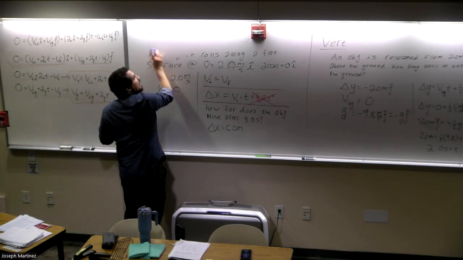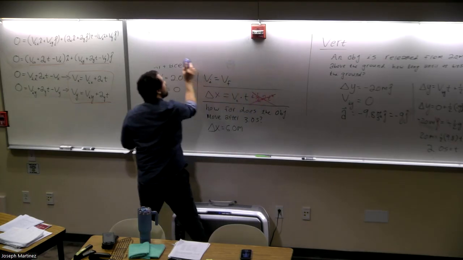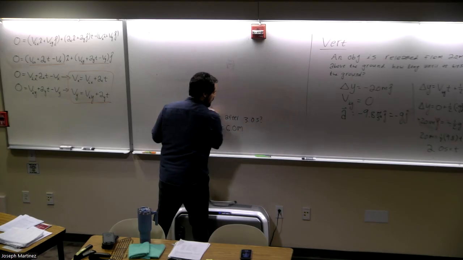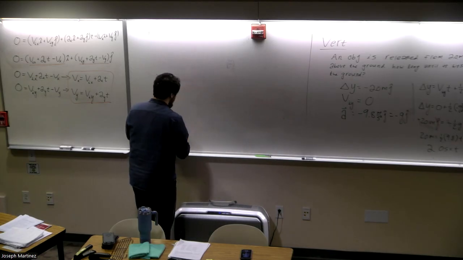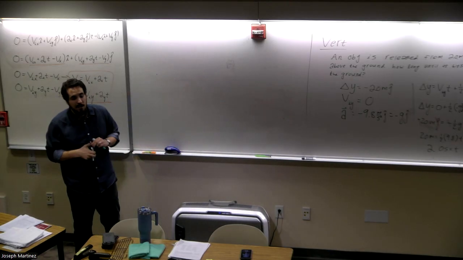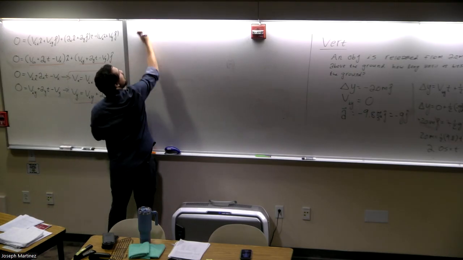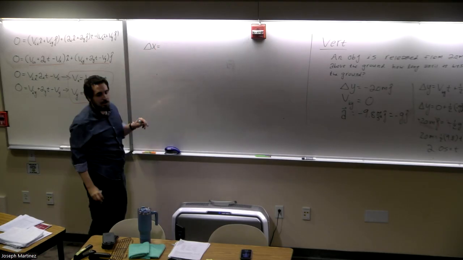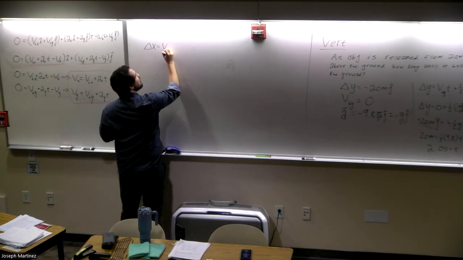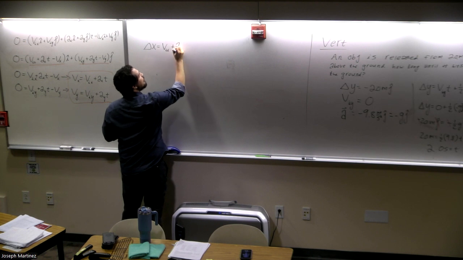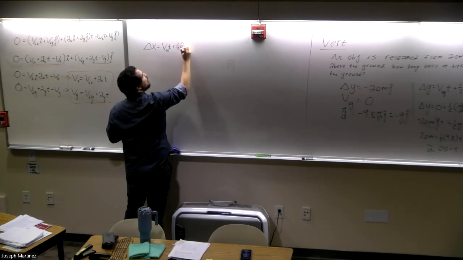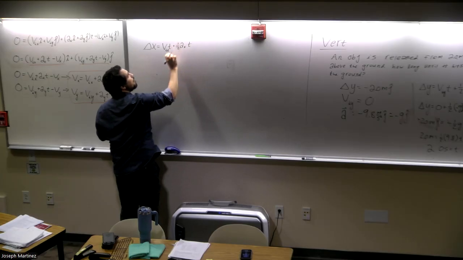So for projectile motion, we are left with the kinematic equations, being the same kinematic equations we've seen before. And this expands out to our displacement equation. The delta x is equal to v initial x times time plus 1/2 acceleration in the x direction times time squared.